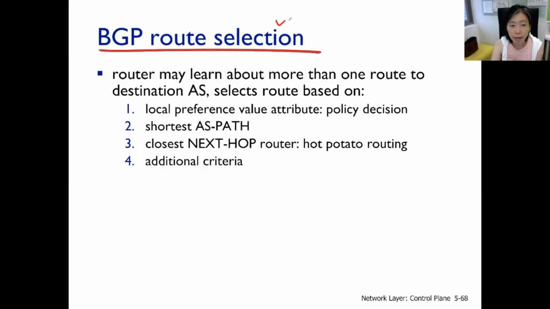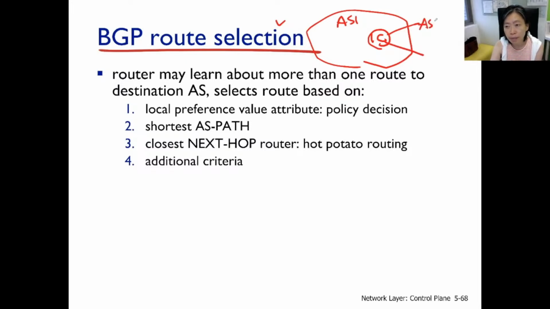Route selection. Now, this mechanism is necessary for slightly more complicated scenarios. Let's go back to example 2 again. We have this router 1C being the gateway router of AS1. Towards the end of the scenario, AS1 discovers two AS paths to destination X: one from AS3, the other from AS2 and then via AS3.